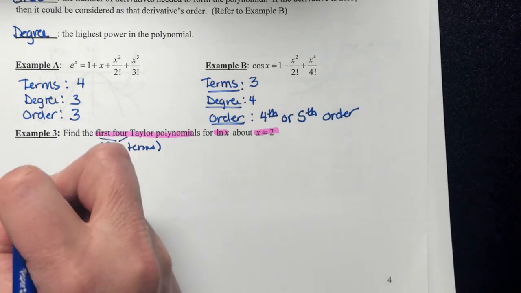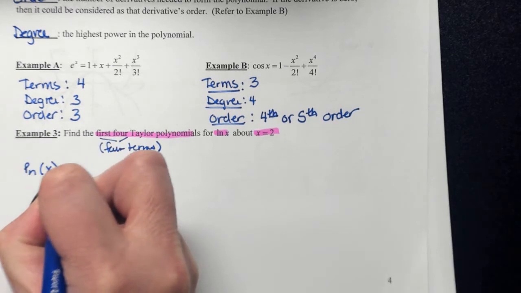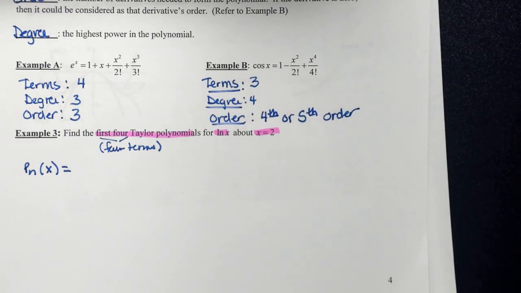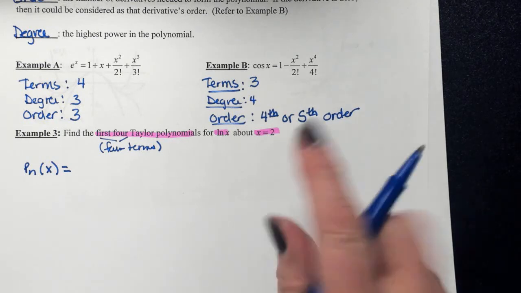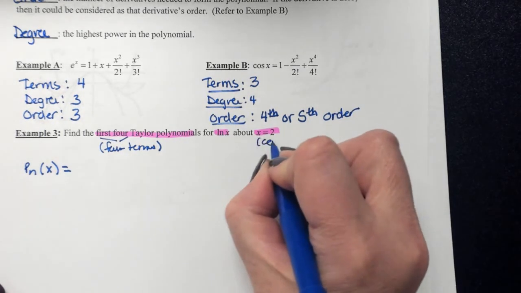So again, always, always, always get in the habit of writing out the formula for what these Taylor polynomials are going to be. The center is at x equals 2.